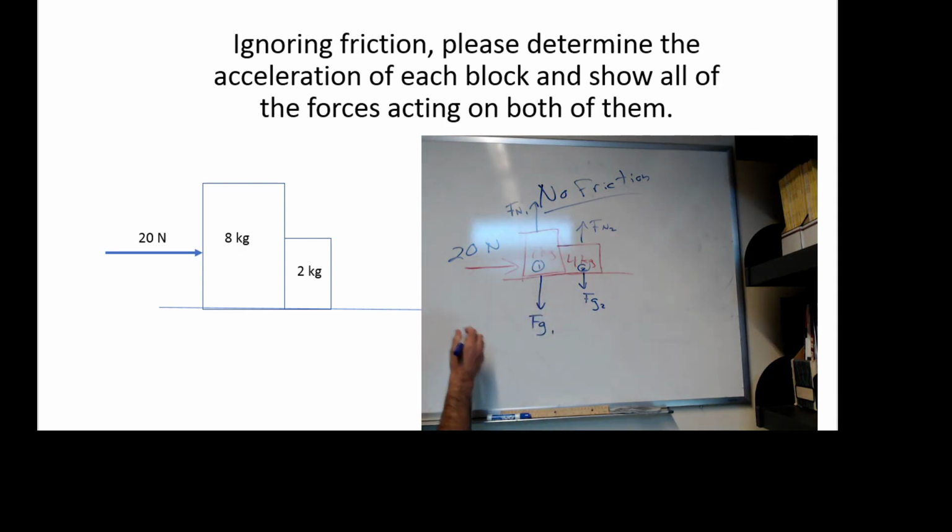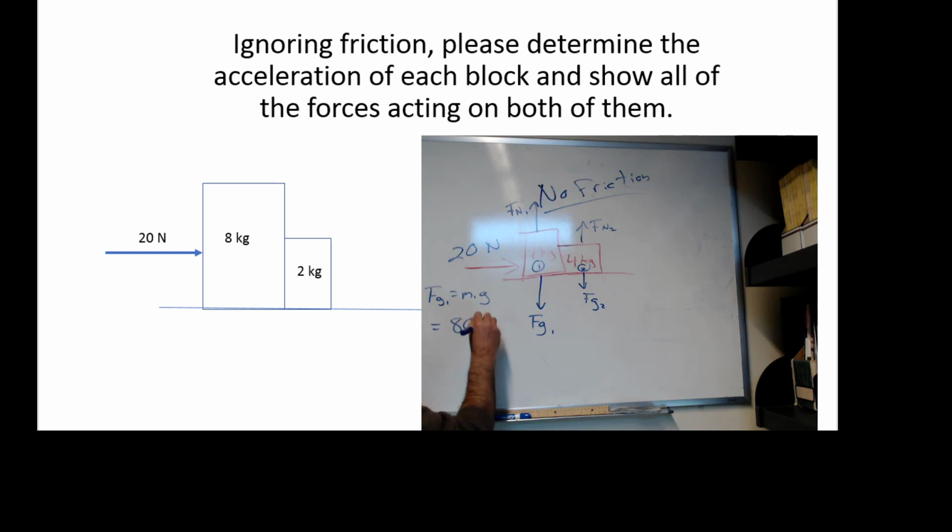Okay, force of gravity, Fg1 is equal to m1 times g. And because these are the only two forces acting in the vertical direction, they have to be equal to each other because there's no acceleration in the vertical direction. So I have that this equals, I'll take g to be 10 meters per second squared times 8.